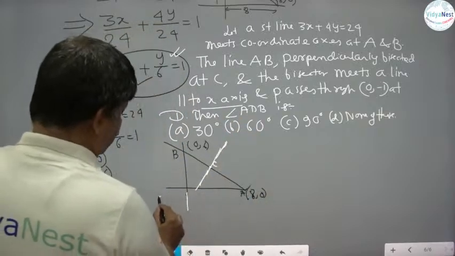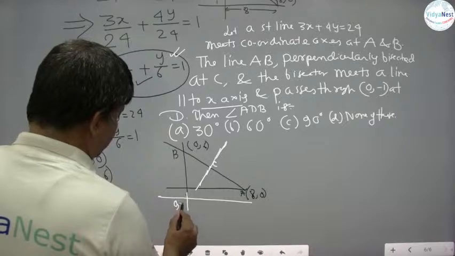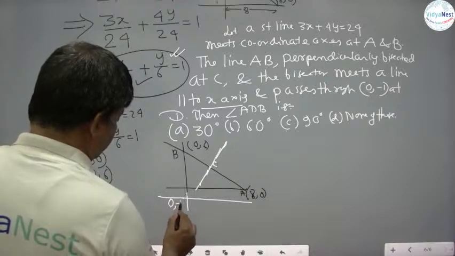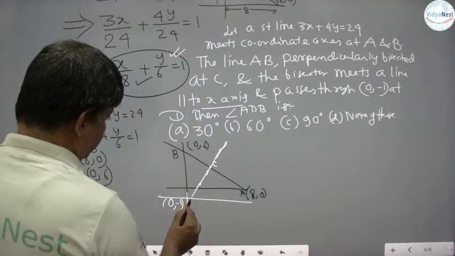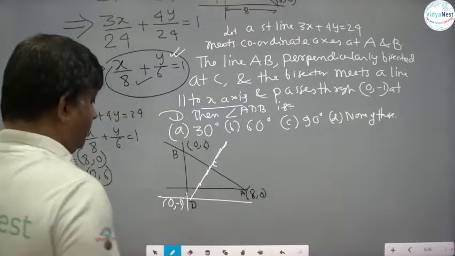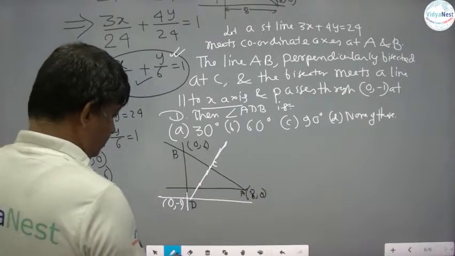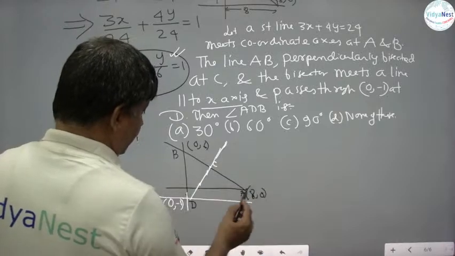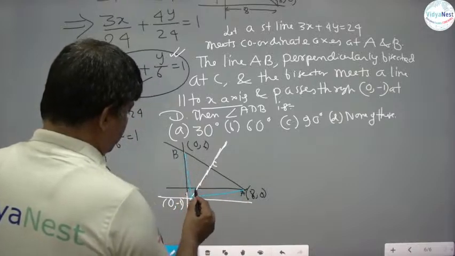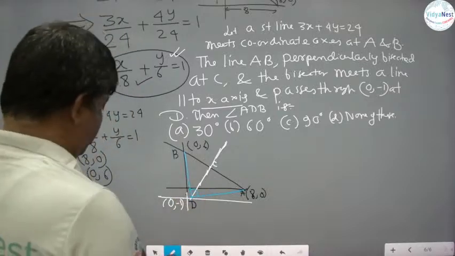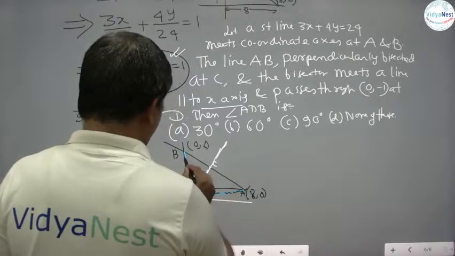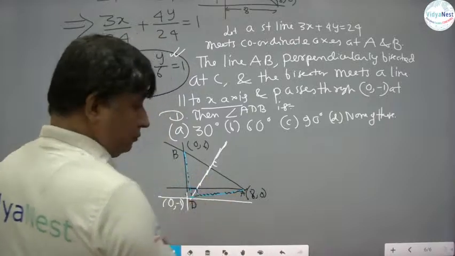Parallel to the x-axis and passing through (0, minus 1), at D. Now you join, this angle you are told to draw, this angle you are told to find. Okay.